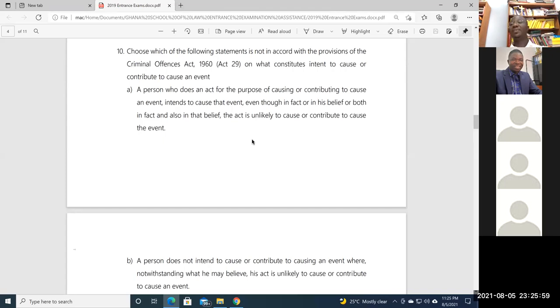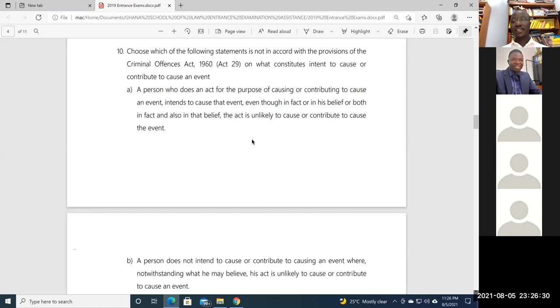You have to know the general principles, like some of these provisions that we are reading. You also have to know the inchoate offenses, right? Conspiracy, abetment, preparation, attempt, and so on. And then you have to know the general principles which govern things like doli incapax, age of criminal responsibility and all that. These are basic things that we have to know.